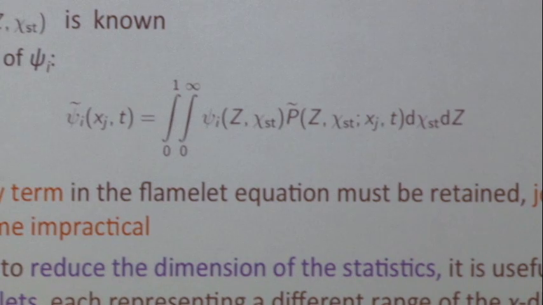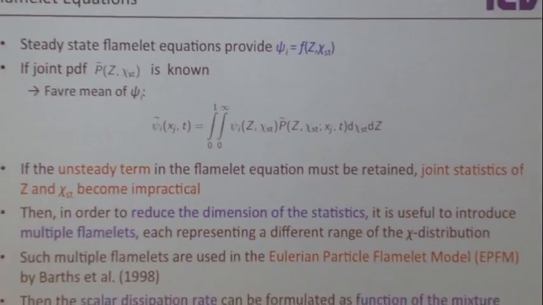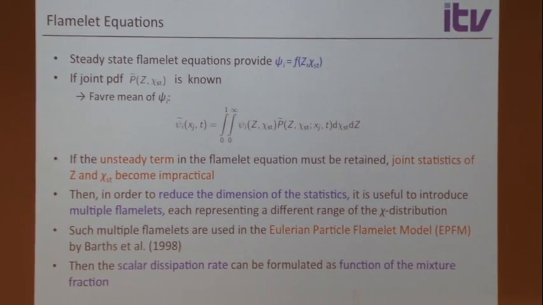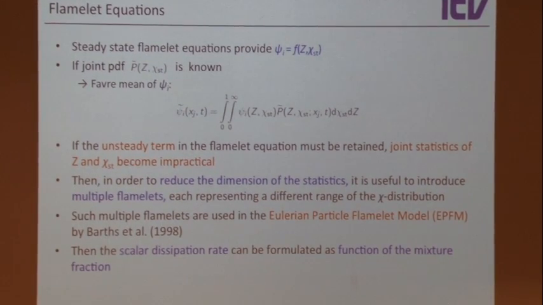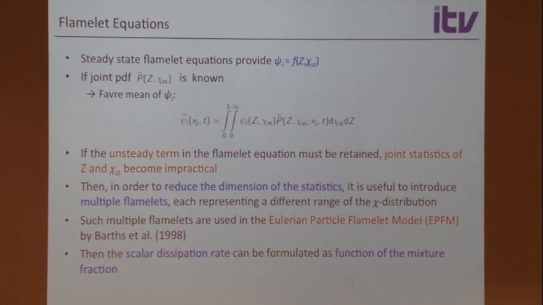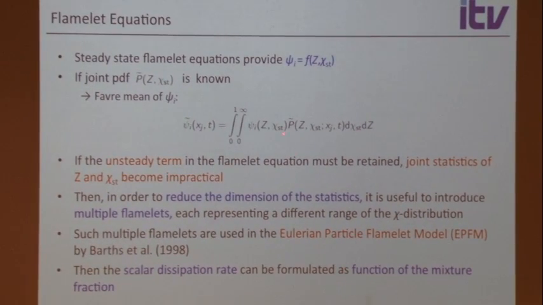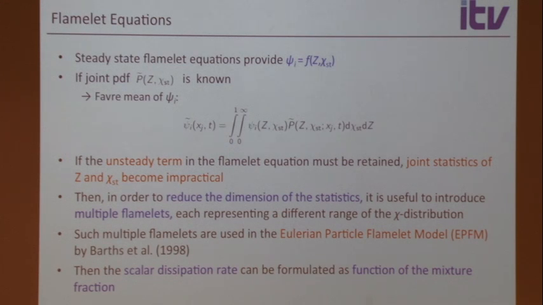And so we assume these are independent, and if you assume the two variables are independent, then of course the joint PDF is the product of the marginal PDFs. So we can write it as P of Z times P of chi. Turns out that considering this PDF of chi, you can do that. For most cases, it makes no difference, really.